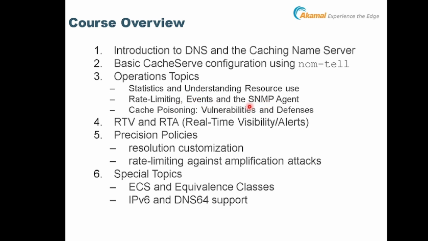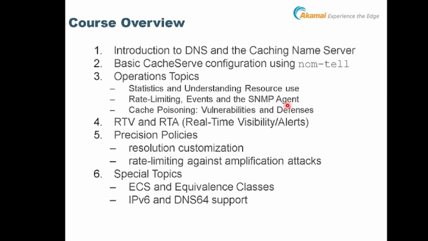The SNMP support is exactly the same. I will not ask you to repeat the SNMP agent configuration. However, if you perhaps did not do that lab or were not successful for any reason, then you have another chance if you want to start over with the SNMP agent in CacheServe, and I can give you the name of the IP address, and you can reconfigure.